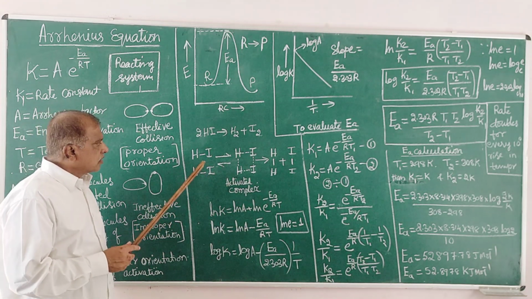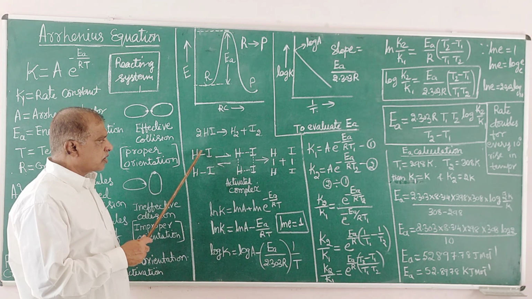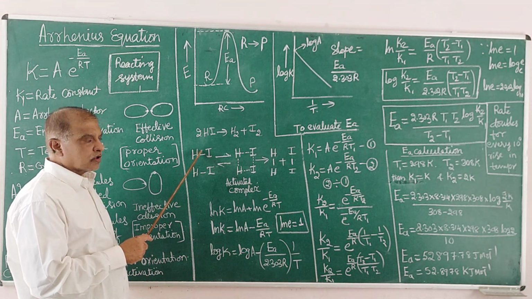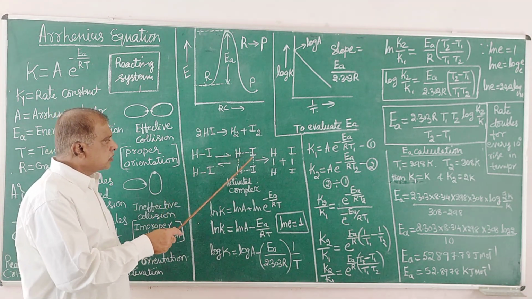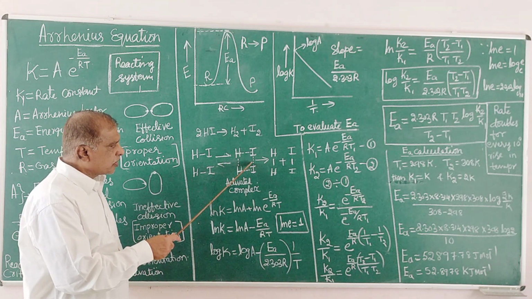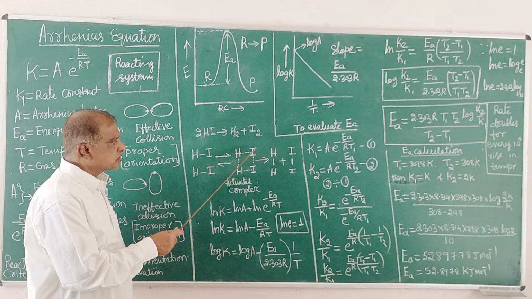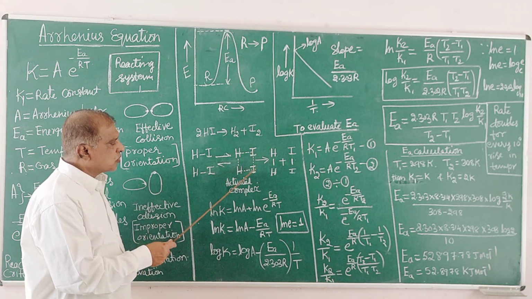Why? During the reaction, some chemical bonds break. When they begin to break, a new chemical bond forms. For the new chemical bond to arise, the atoms should stay very close to each other.